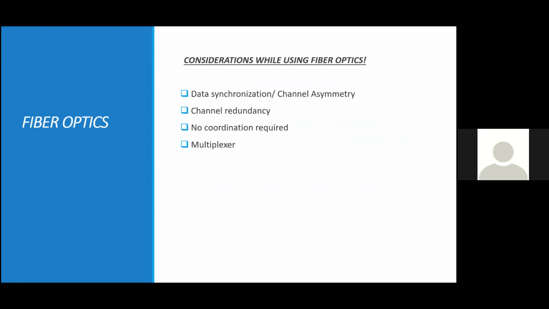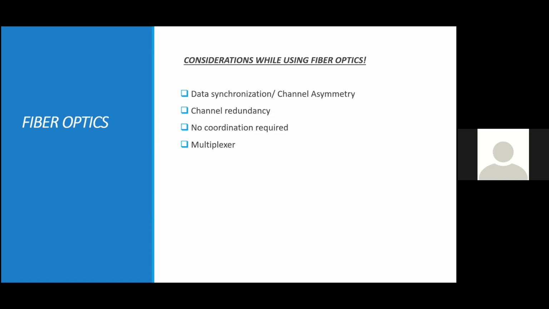So there are a few considerations which we should be taking into account while using fiber optics. The first one is whether the data is synchronized or not, or in other words, is the channel symmetrical. The other one is channel redundancy.